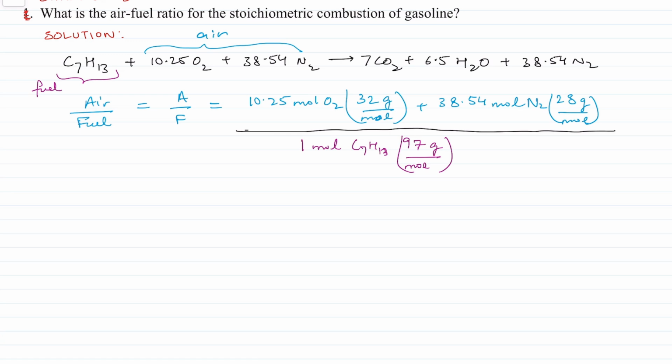If we do the math on this, this would be equal to 10.25 times 32 plus 38.54 times 28, divided by 97.